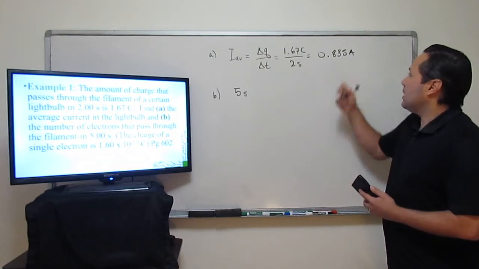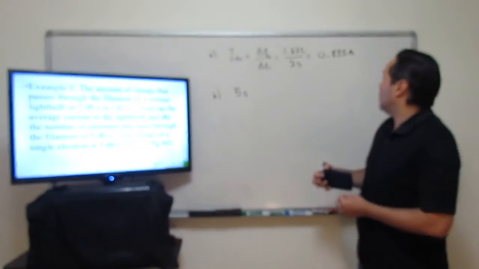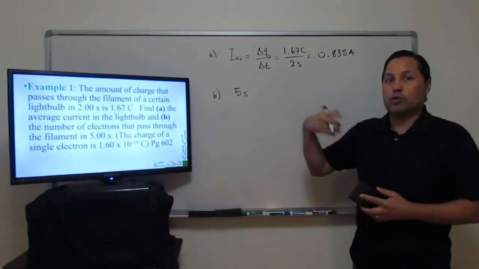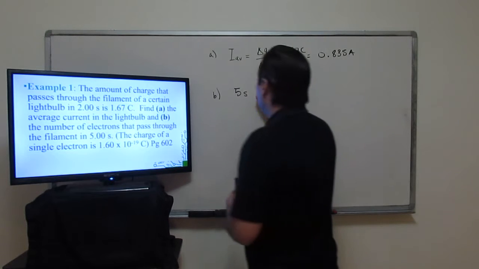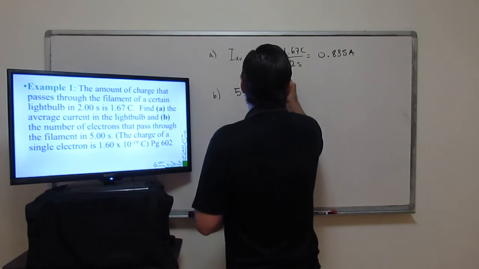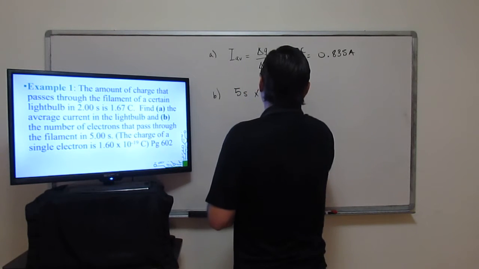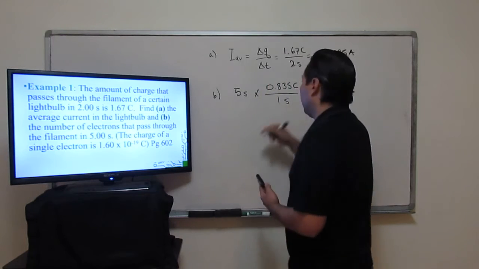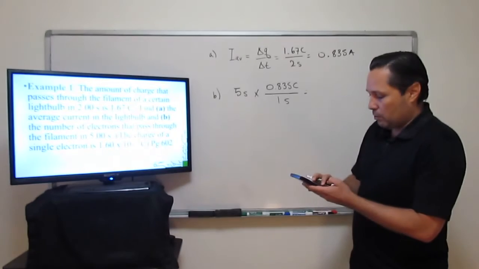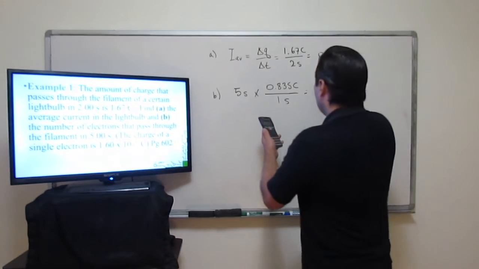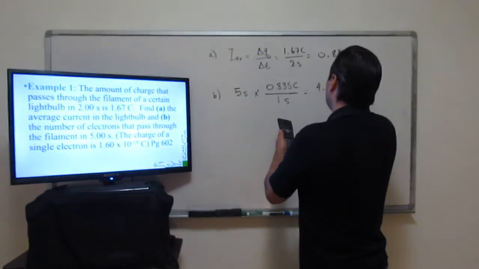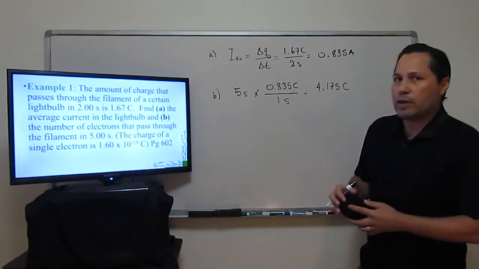Well, we have the current, 0.835 amperes, which is coulombs per second. That's what an ampere is. So I'm going to multiply both of these numbers, and we get 4.175 coulombs. So that's the charge.